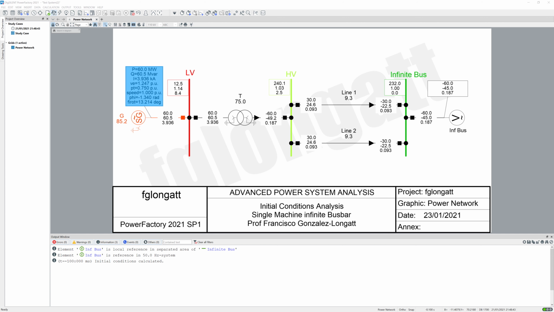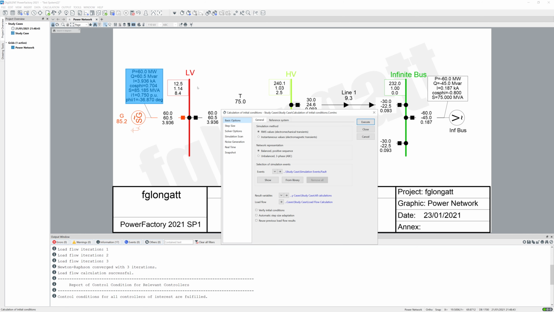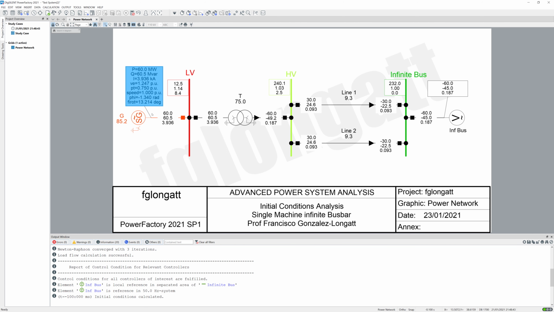Something that is quite interesting, I will show you here. Let me calculate the load flow. If we calculate the load flow, look over here. There is no angle, there is no internal voltage, because when we use this button, the COM INC, the initial conditions command, we are calculating more.